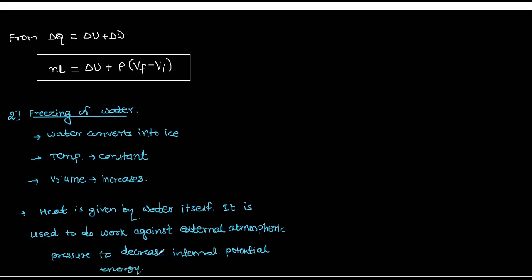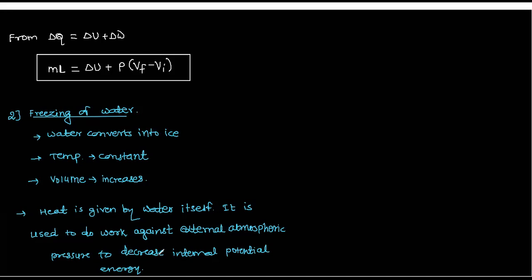Sir, what is this internal potential energy and why do we get it? Already in the internal energy concept, I told you about kinetic energy and potential energy. Potential energy is because of molecular structure, or molecular alignment. Because of that alignment, whatever energy you get is potential energy.